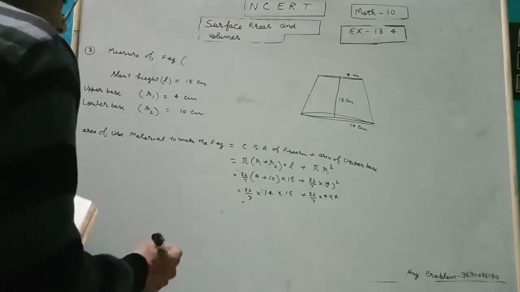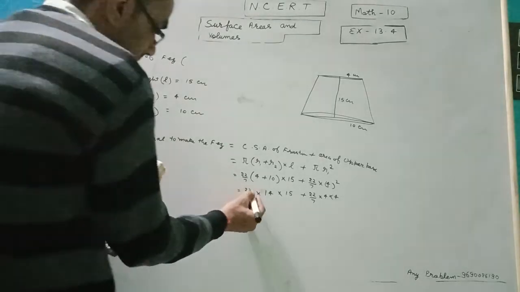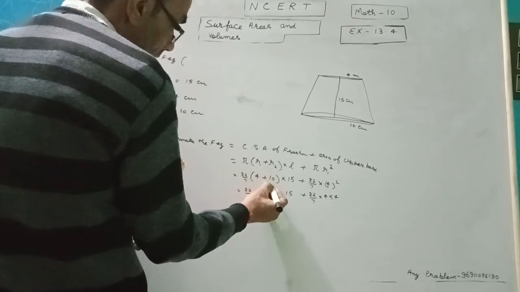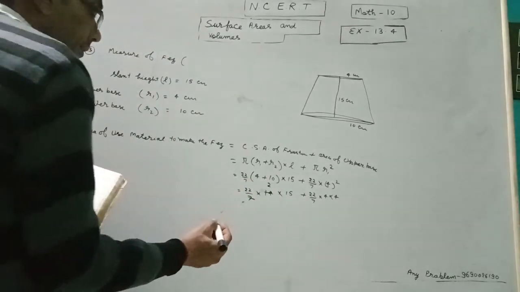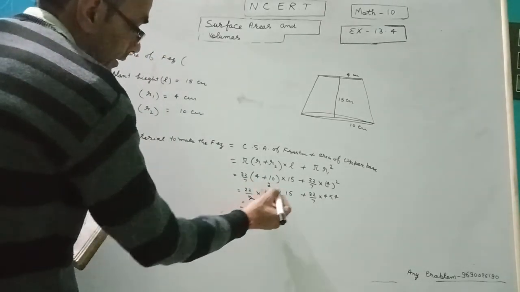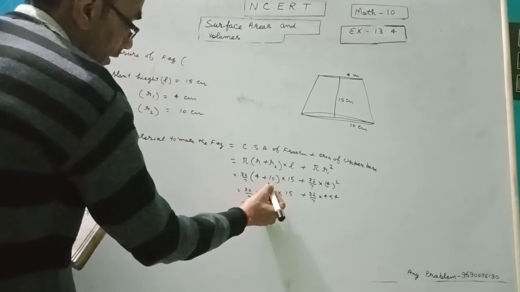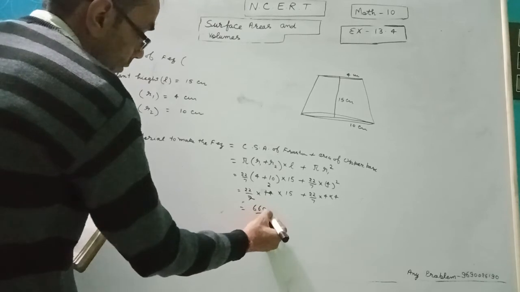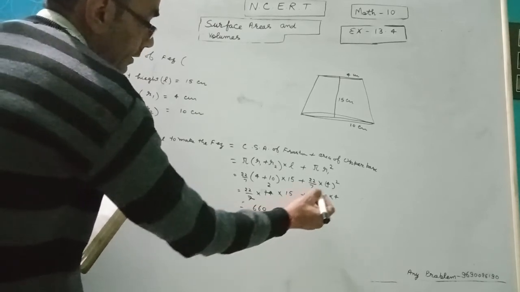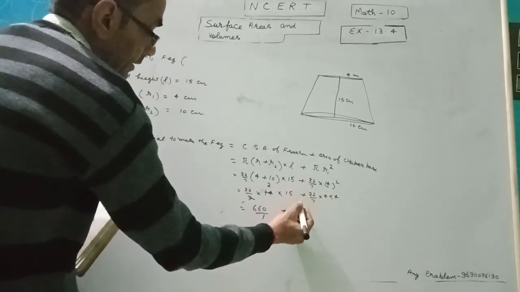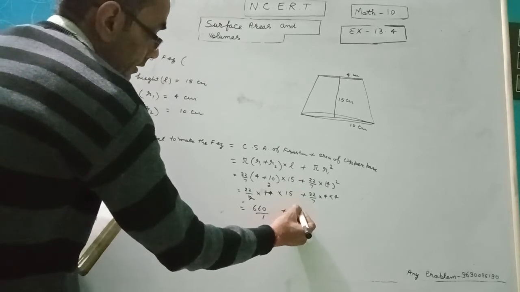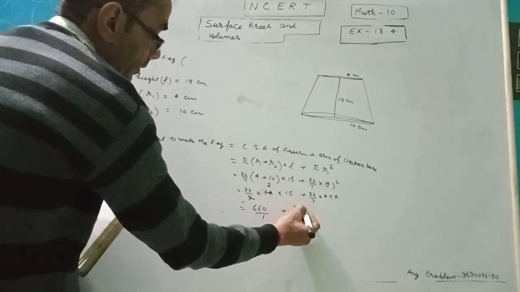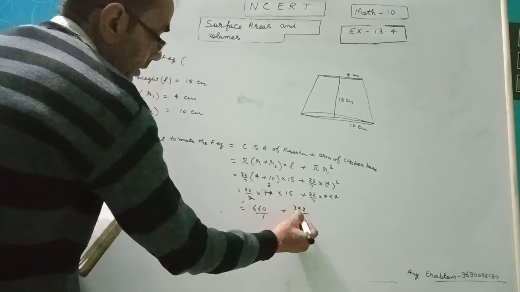Multiplying by 7, 14 into 15 is 210, upon 1 plus 16, multiplied by 22 upon 7.